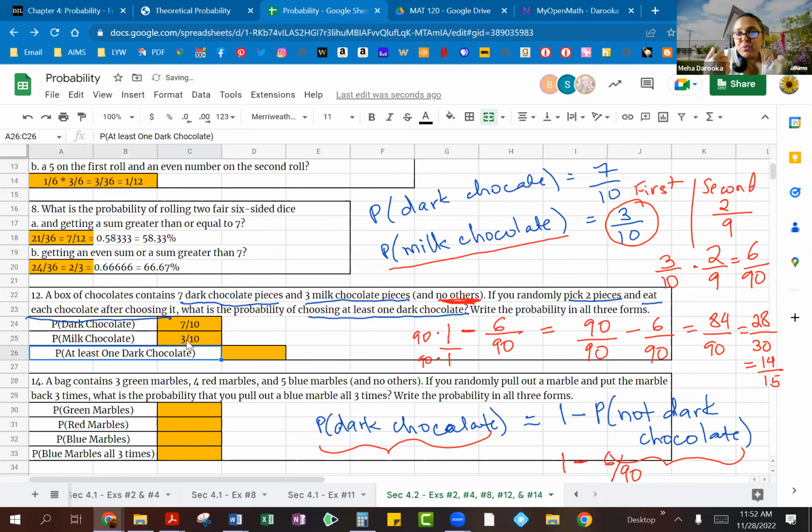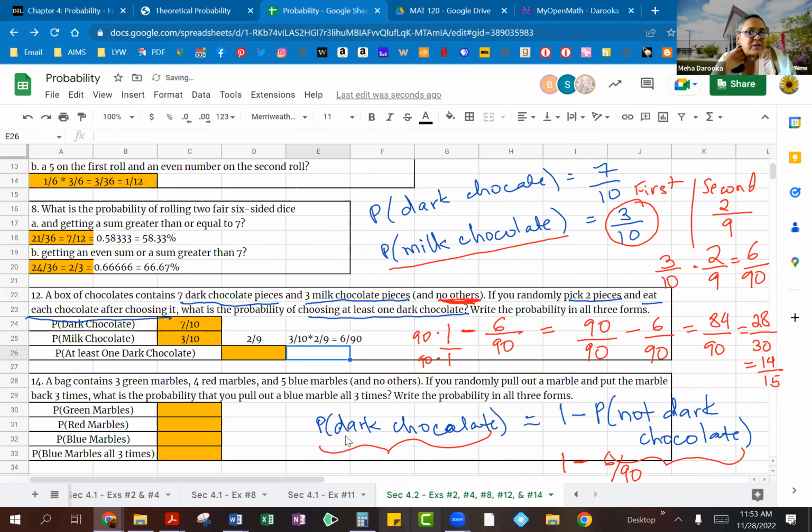But then because you are eating the candy as you move forward, for the second attempt, this guy will end up becoming, sorry, 2 out of 9 the second time you pick a candy. So you end up multiplying 3 over 10 times 2 over 9, which actually then ends up becoming, what did we have? 6 over 90.